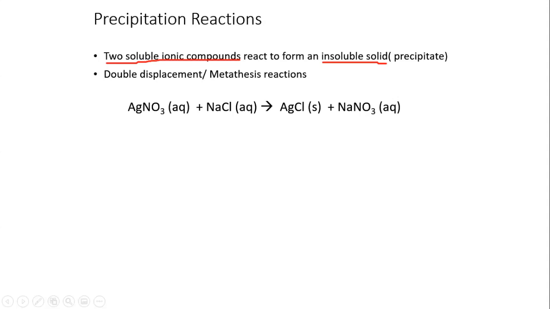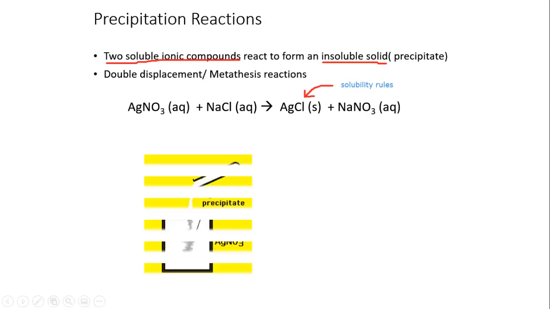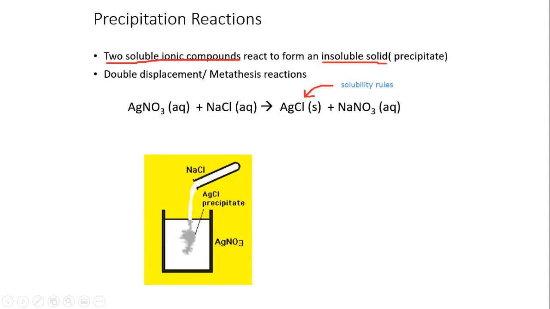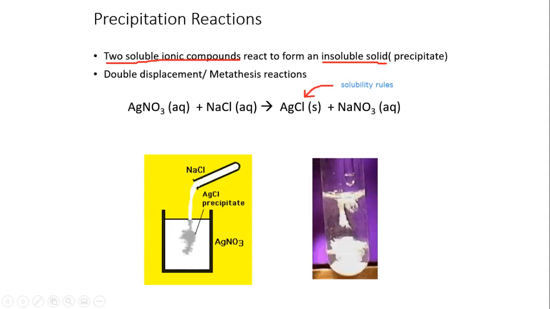Now the reason we know that silver chloride is a precipitate is based on what we call solubility rules. By knowing the solubility rules, we know that silver chloride is an insoluble solid. And so when you mix sodium chloride and silver nitrate solution, you form a white precipitate, which is silver chloride. Again, the way we know that is based on the solubility rules.